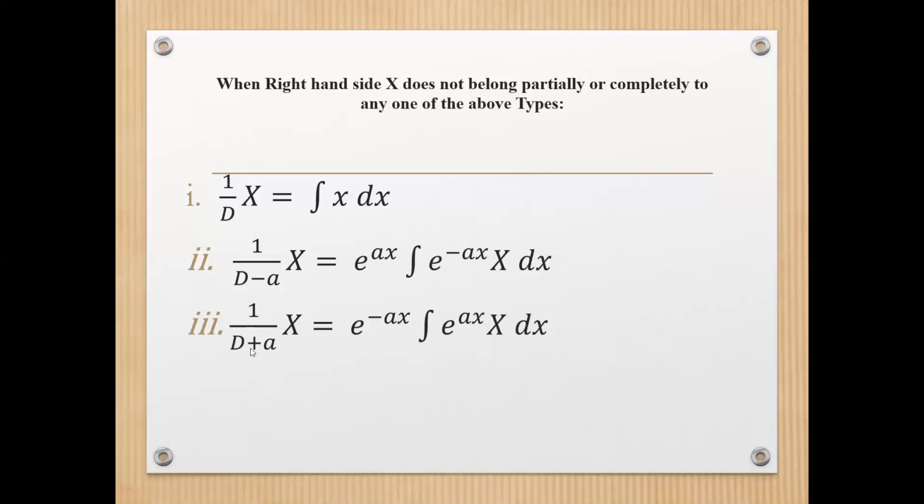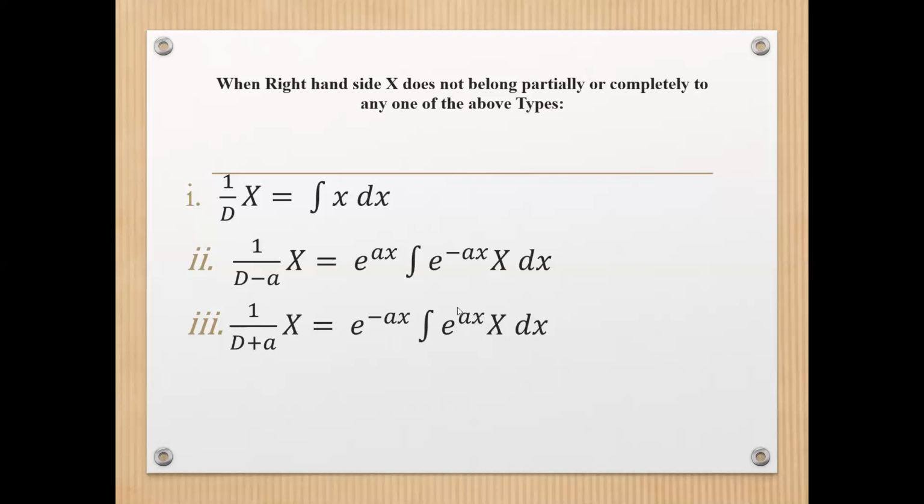So whenever there is a plus sign and a linear factor, at that time we have to take a negative sign here, but the rest of the terms remain as they are. So this formula becomes 1 upon D plus a of X is equal to e raised to minus ax integration e raised to ax capital X dx. These two formulas are very important.